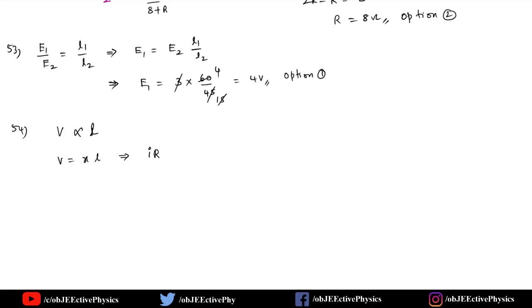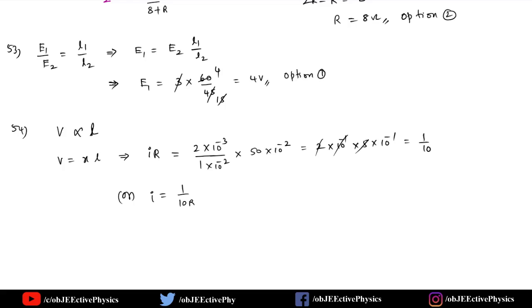So V can be written as IR according to Ohm's law. Potential gradient is given 2 millivolt per centimeter, into L, the balancing length, 50 centimeters. So that is equal to 2 into 10 power minus 1 into 5 into 10 power minus 1. 2 fives are 10, so that is 1 by 10. IR is equal to 1 by 10, or I is equal to 1 by 10R. R is given as 10.